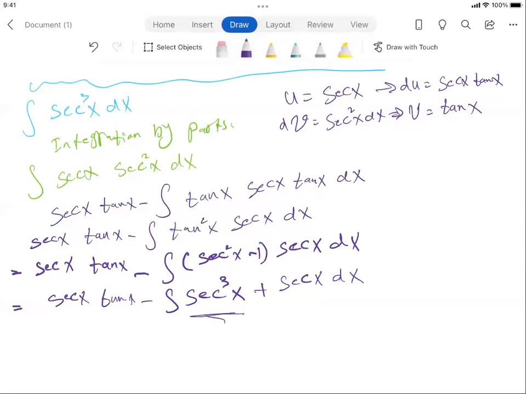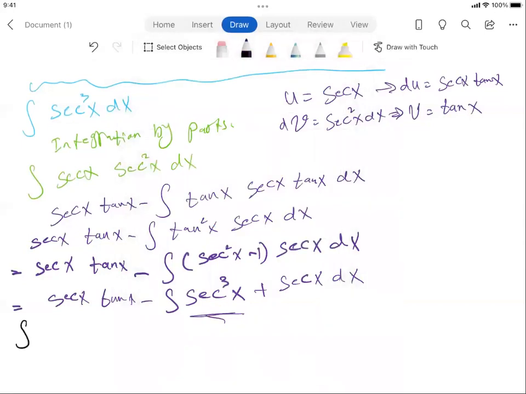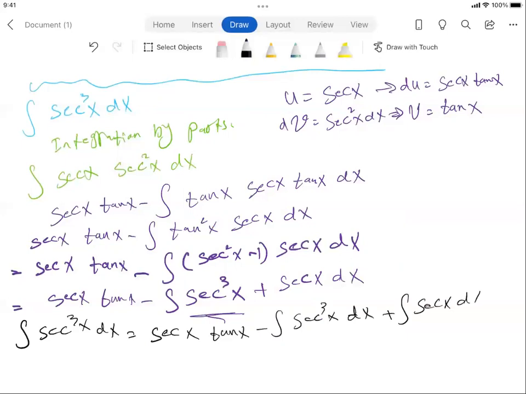But this is already similar to the term that we started with. So my original problem, the integral of secant to the 3rd power of x dx, is so far secant of x tangent of x, minus the integral of secant to the 3rd power of x dx, plus the integral of secant of x dx.